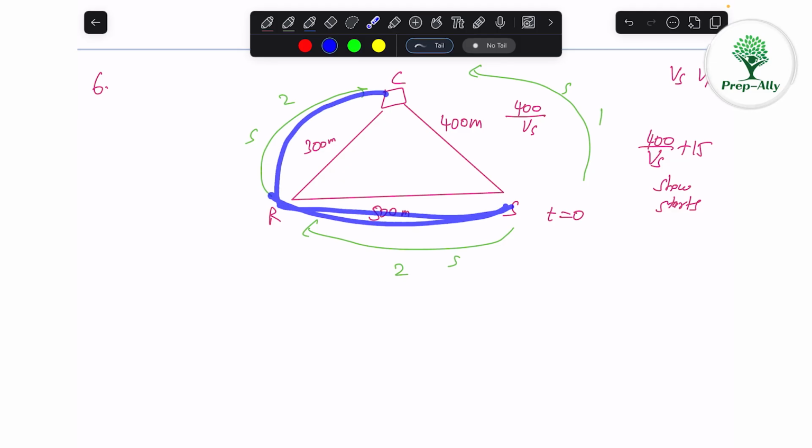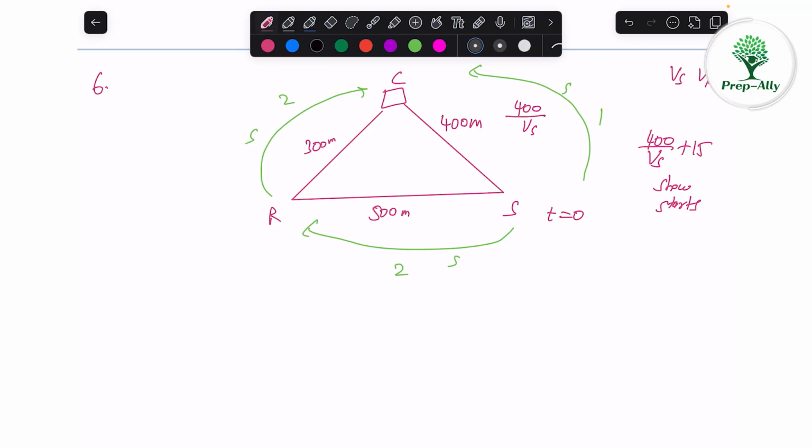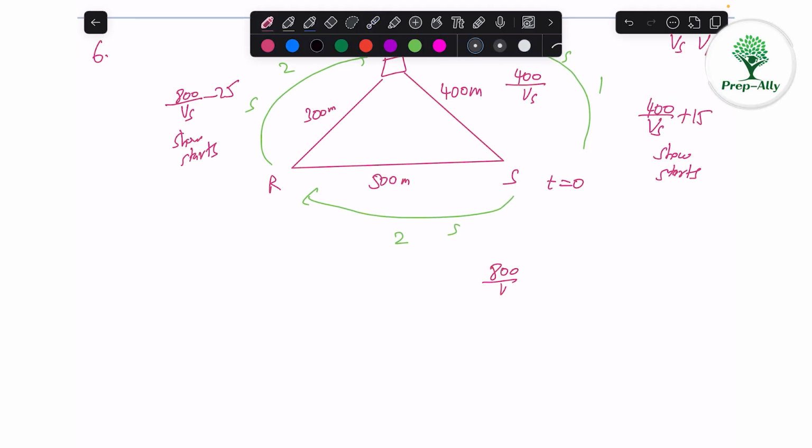So basically, he's directly going 800 meters without wasting any time. So the time he's taking now is 800 by Vs, and he's late by 25 minutes. So the time on the clock when he's reaching here following this path is this, and he's late by 25 minutes, so the show has started at this time. Both times are equal on the clock. So 800 by Vs minus 25 is equal to 400 by Vs plus 15.